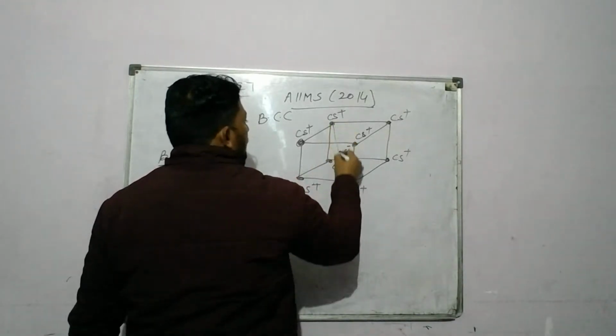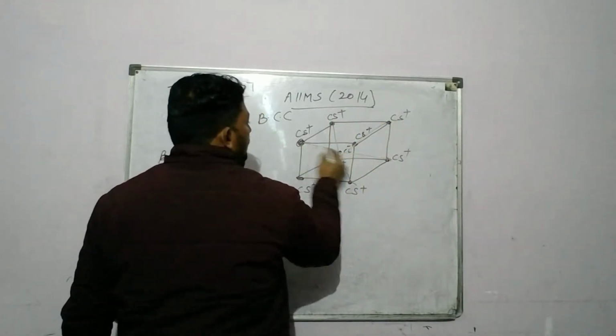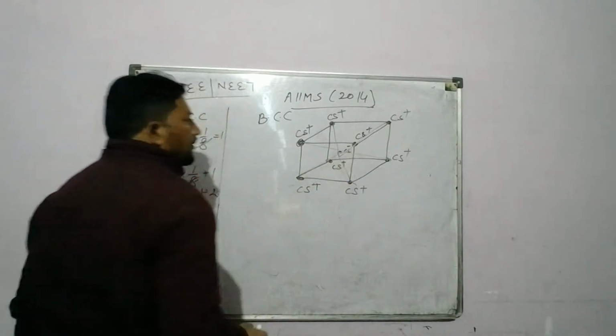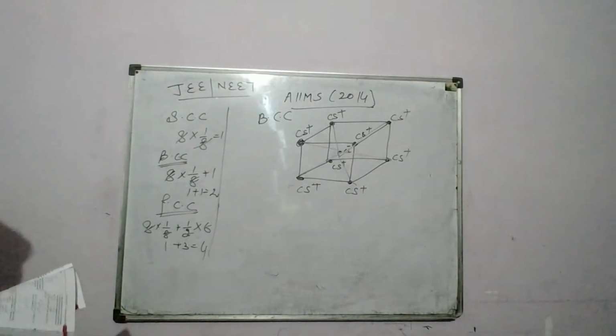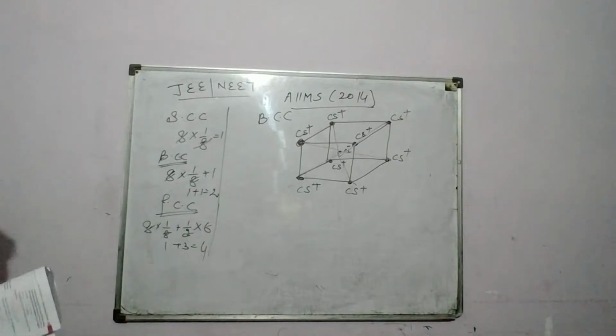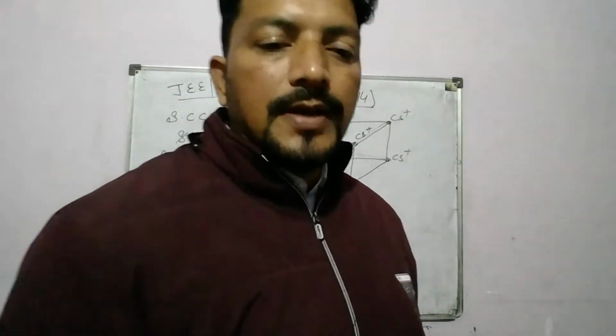Now another cesium is present diagonally. If it is present diagonally, it means the answer is zero. Why? The net force on the chlorine ion placed at the center, with cesium ions at diagonally opposite corners, is zero. The answer is zero.